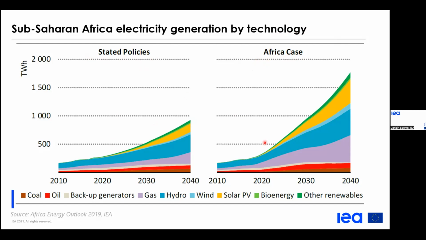And here you can see in both charts till 2020, so actually till 2019, because these charts come from the Africa Energy Outlook 2019, that these are the same. You can see how hydropower, which I told you, and you correctly answered in the question I posed on Menti, is the predominant source of electricity among those technologies.